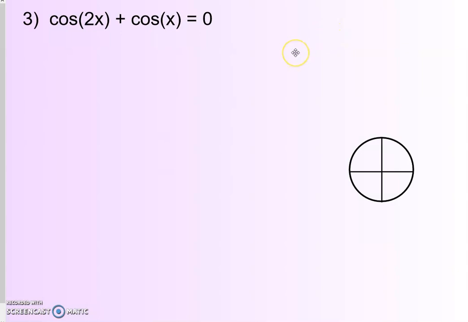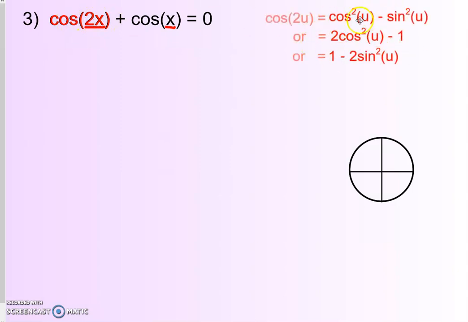Here's another problem. Again, we're solving over the interval 0 to 2 pi. Now, let's look at what we're dealing with. Even though these are both cosine, what worries me is that this doesn't match that. And that's a problem. So I don't think I like this cosine of 2x. I think I need to make a substitution.